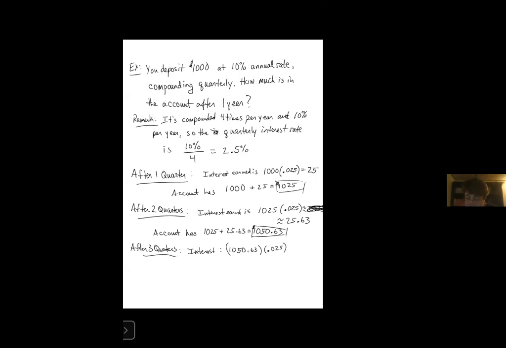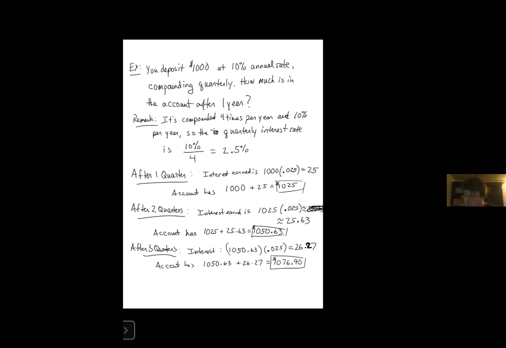And this is approximately equal to, oh, not 97, $26.27, excuse me. So the account has 1050.63 plus 26.27, which equals 1076.90.